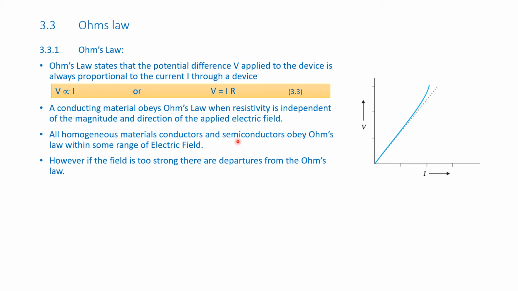The semiconductors sometimes obey Ohm's law and sometimes do not. This we will study in chapters 10 and 11. Here we are confined to only conductors where voltage is directly proportional to the current. However, if the field is too strong, there are departures from Ohm's law.